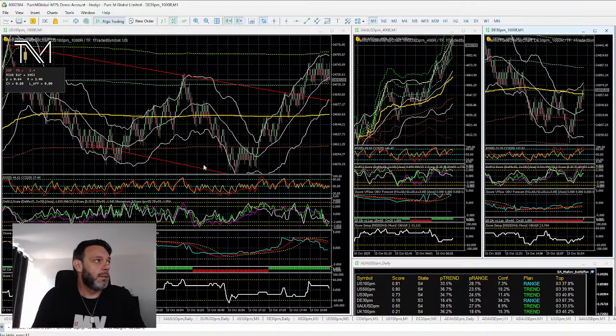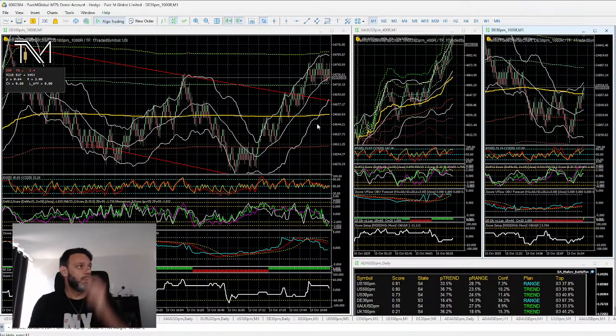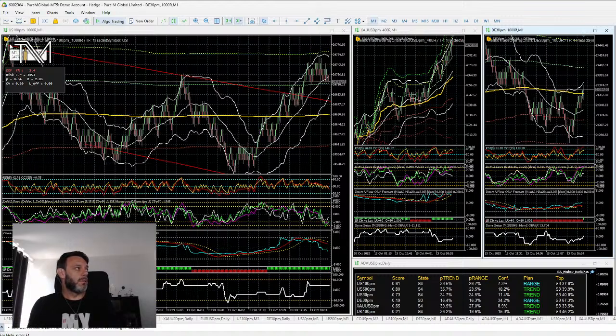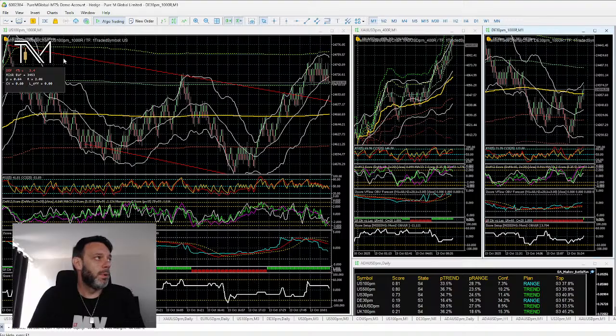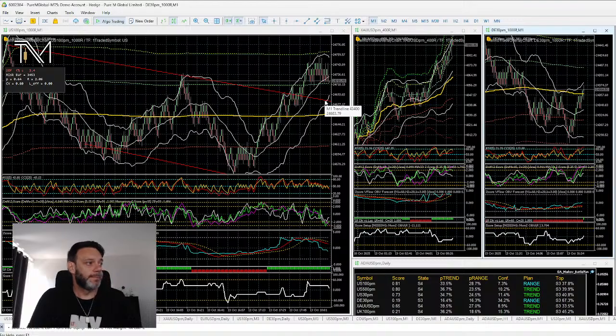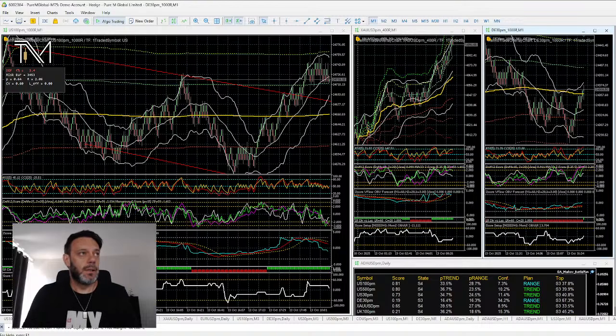You see how it's working around this area. They have no clear idea about what to do, whether to break out of this area with this top or come back here. So let's check and see. We must be patient now.